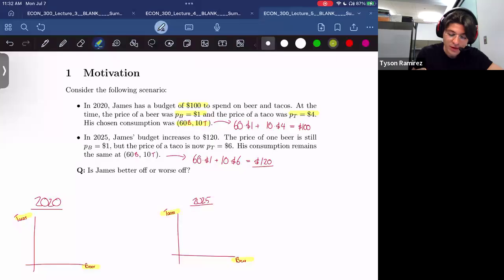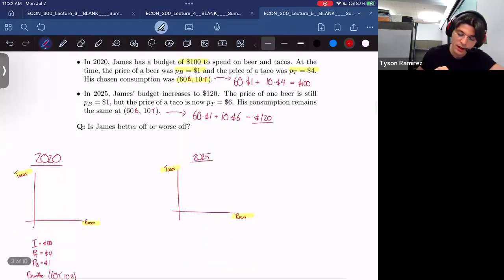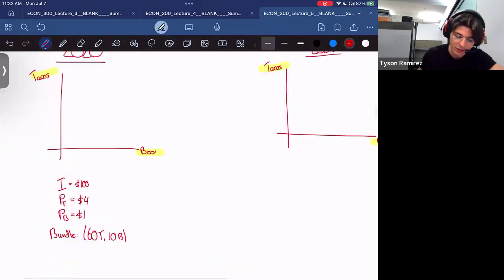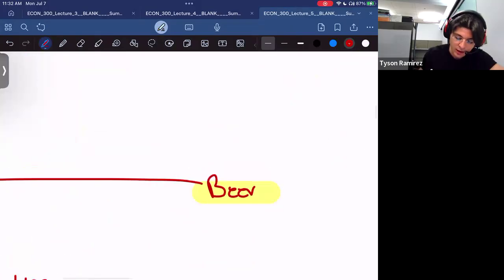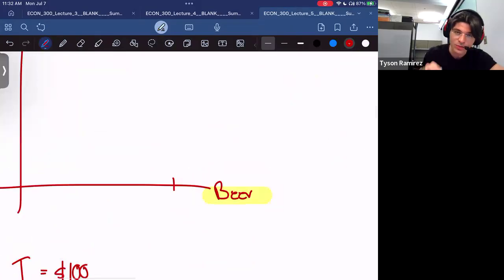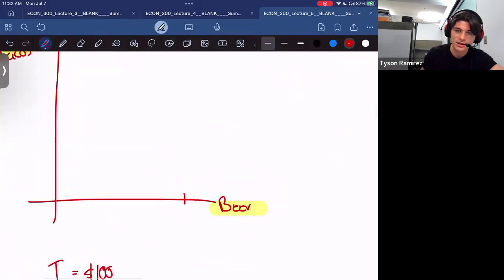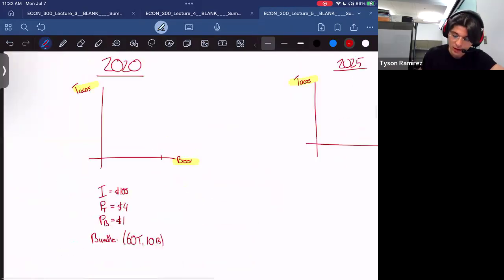In 2020, we have a budget of $100 to spend. The price of a beer is $1. The price of a taco is $4. And then suppose that the bundle he goes with is 60 beers and 10 tacos. That's what he spends over 2020. Now this is why I had beers on the x-axis and tacos on the y-axis.